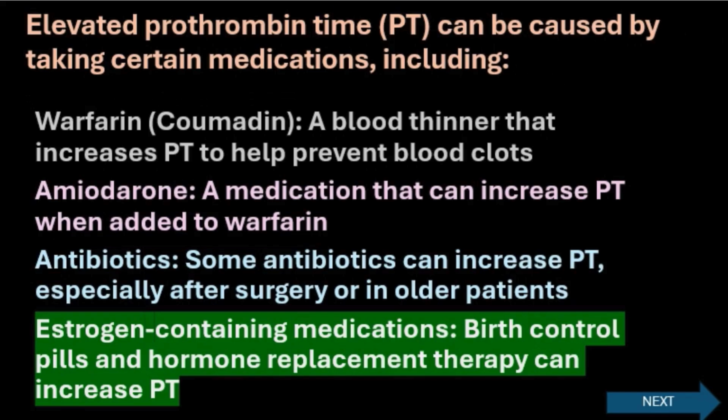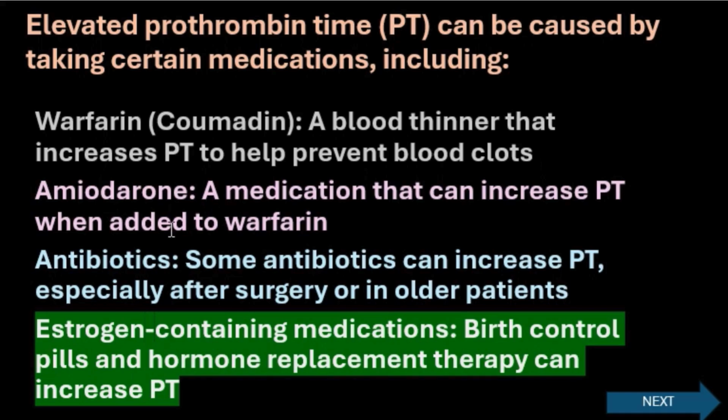Here, elevated prothrombin time can be caused by taking certain medications, including warfarin. You know this is already given purposefully to thin the blood and increase PT. Amiodarone is a medication that can increase the PT when added to warfarin. Amiodarone is an antiarrhythmic drug, but on the other side it can increase the PT as well.